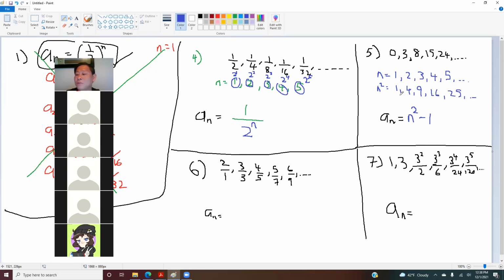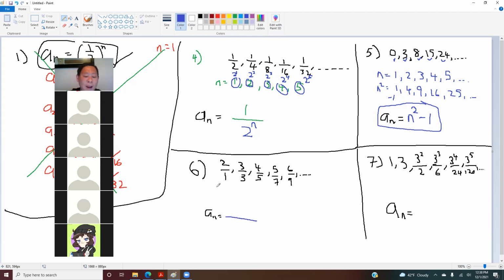And after that, you subtract 1. And once you subtract 1, this will become 0, 3, 8, 15, and 24. So this is your formula for this case. Don't forget, you can n square it, you can cube it, you can factorial it.